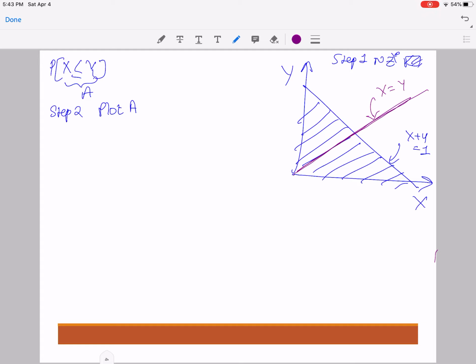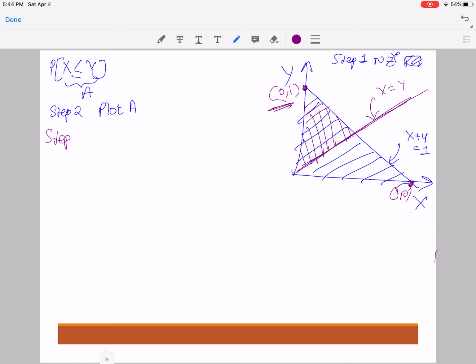And I need to find out the region x less than or equal to y. To find this region, I'll identify some arbitrary coordinates in this space. So this is (0, 1) and this is (1, 0). Clearly (0, 1) satisfies this condition, where y is indeed greater than or equal to x. So this is the intersection between NZ and A.